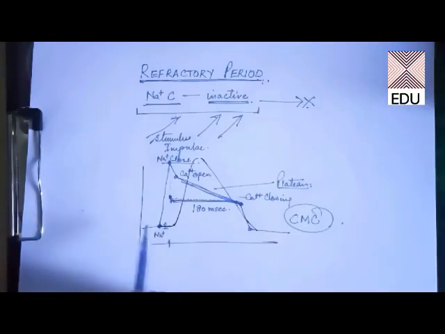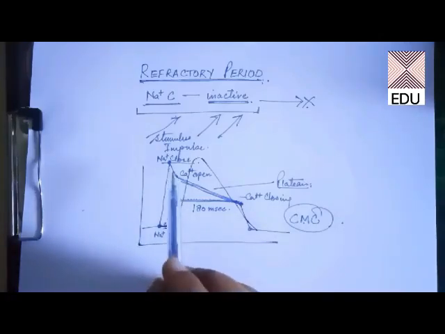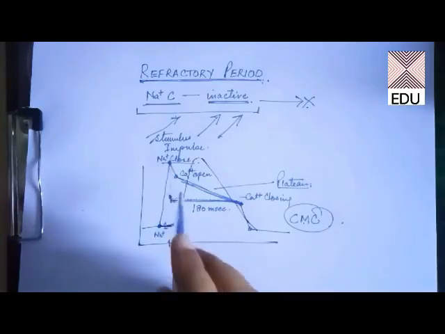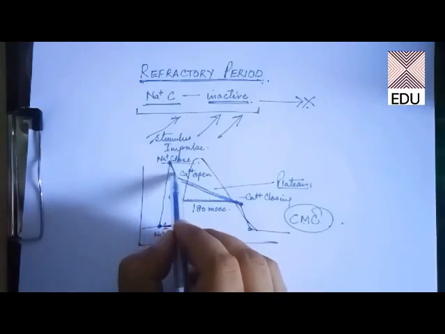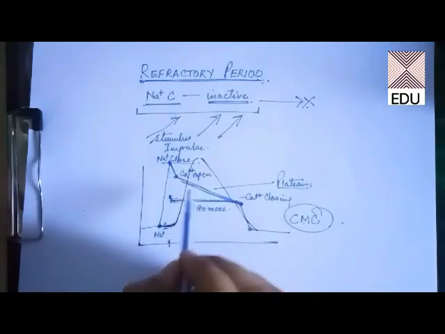Here it simply means that when the sodium channels open, there is a stimulus to the tension in the cardiac muscles. Now when the sodium channels close, they are stimulating the calcium channels to open.